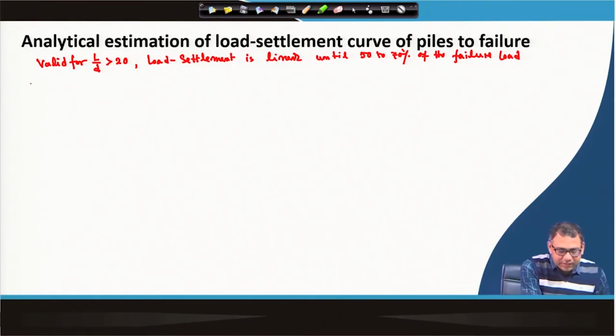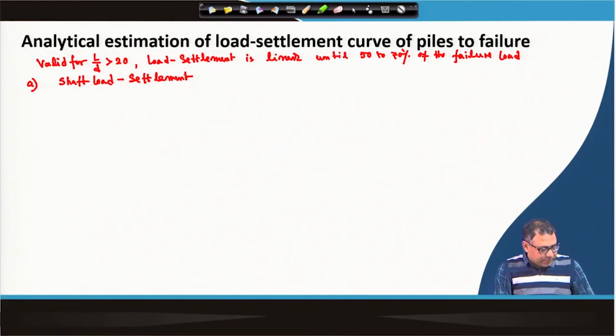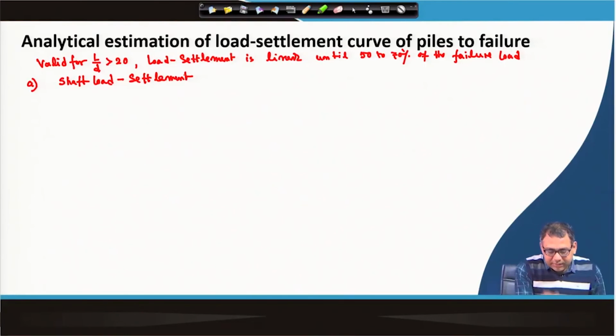First I will discuss or determine the shaft load versus settlement behavior. So, as I discussed, the shaft load Ps is how much?